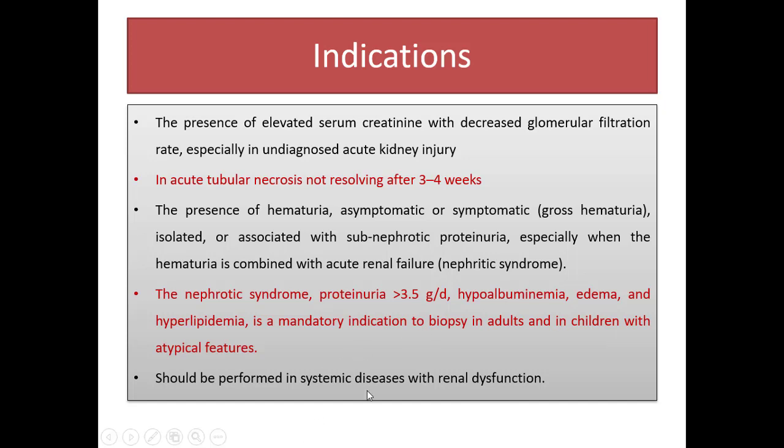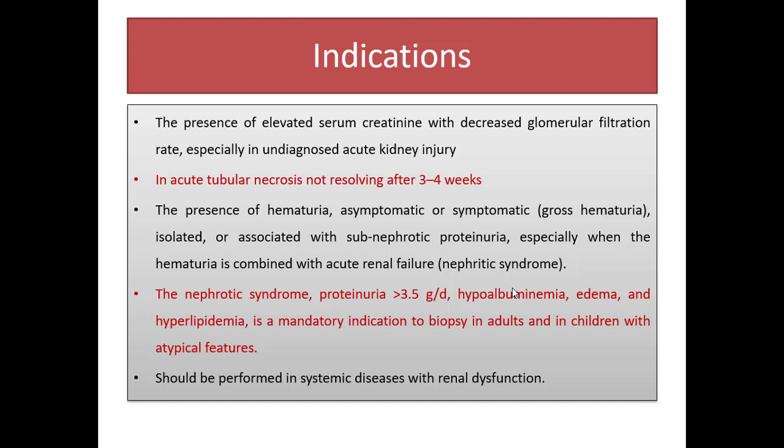Biopsy should be performed in systemic disease with renal dysfunction. As an example, if I have a patient with suspected small vessel affection, like skin rashes, arthritis, GIT symptoms, pulmonary symptoms, all these are systemic disease which can affect any organ of the body which has small vessels.